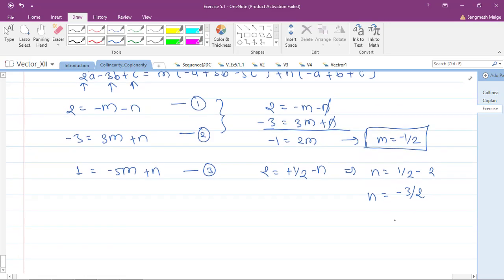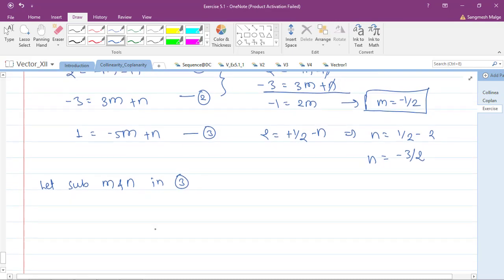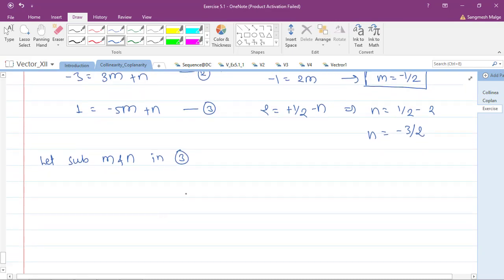Now let's substitute the calculated m and n in equation number 3. If it satisfies equation 3, then we say these three vectors are coplanar vectors, otherwise no. So minus 5 times m, which is minus 1/2, plus n, which is minus 3/2. Minus minus gives plus 5/2, and minus 3/2. The denominator is the same, so 2/2, which is equal to 1.